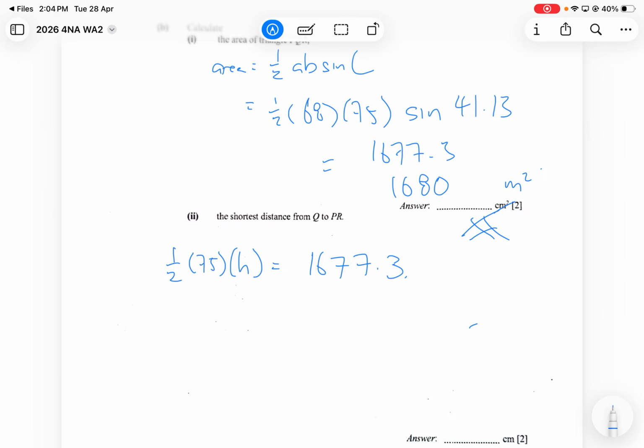We don't use the round off one, so that our final answer will be more exact. Then make H the subject, 1677.3 times 2, then divide by 75. 44.72, or roughly 44.7 meter.